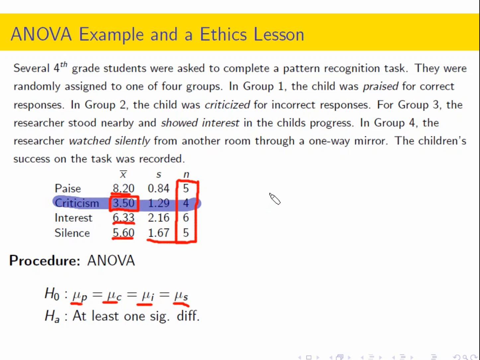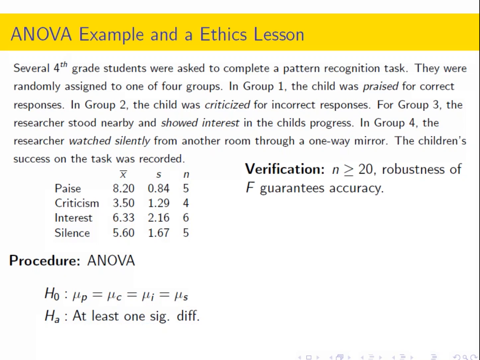It's possible that they were randomly drawn from the same identical distribution that the other samples were drawn from, and we just ended up with some low values there. That's possible. That's what the p-value is going to tell us, the likelihood that the null hypothesis is true. The alternative hypothesis is that at least one of these groups is significantly different than the others.